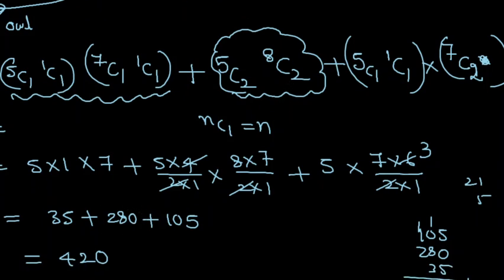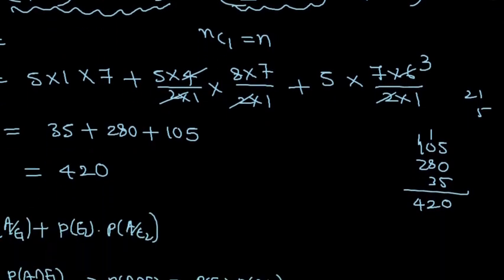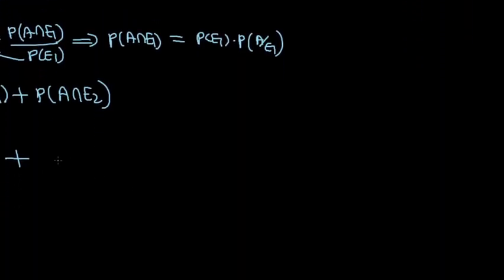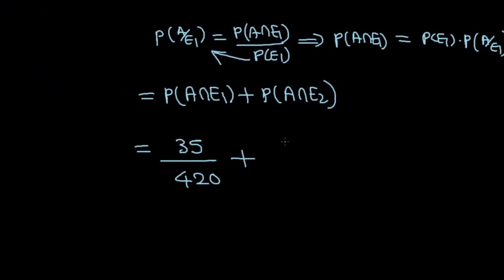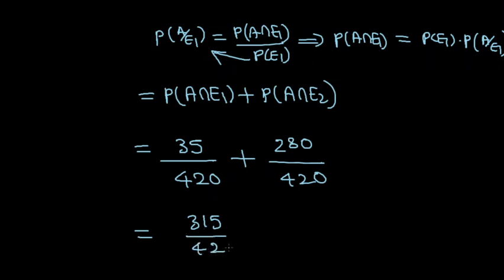We calculated it here: 280 divided by the total number of outcomes 420. If I add these two together, 35 plus 280, this is 315, so 315 by 420.